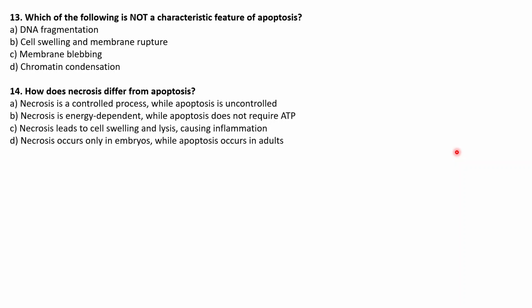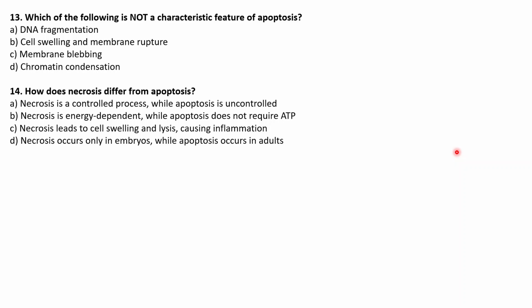Okay, the next question. How does necrosis differ from apoptosis? I think I gave it away just now. I hope you guys have understood the difference between apoptosis and necrosis. That will help you answer this question.